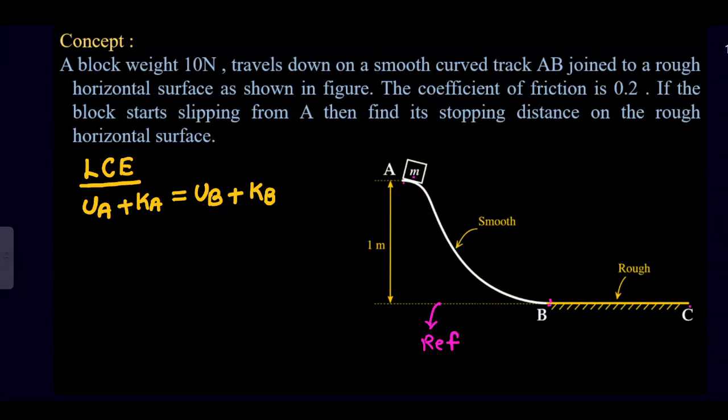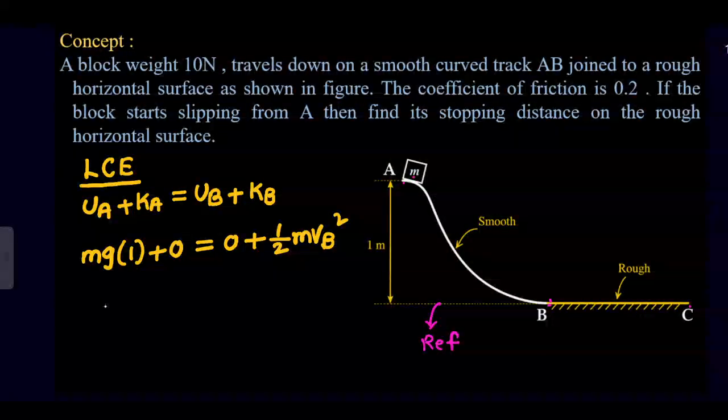Now, how much is the potential energy at point A? mgh, and the h value given is 1. Initially at point A the velocity is 0. So UB lies on the reference line, so the height is 0 and the potential energy is 0, plus it has kinetic energy of half m Vb squared.